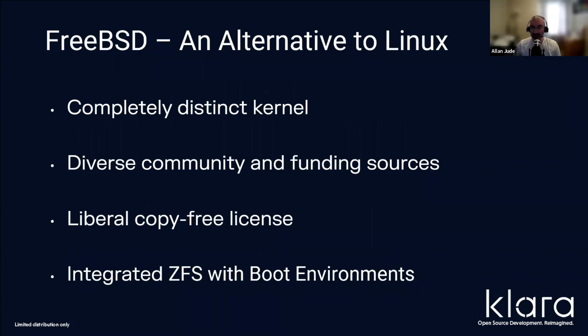Yeah, and since we're proposing the idea of being able to diverge your infrastructure and have two components for everything, one alternative to using various different Linux distros, which we've talked about are, in the end, all the Linux kernel and maybe not distinct enough, is looking at something like FreeBSD, which provides a Unix environment very much like Linux, but is a completely distinct kernel with a completely different 30-year history of supporting the same kind of interfaces and the same applications, but with a completely different set of code.